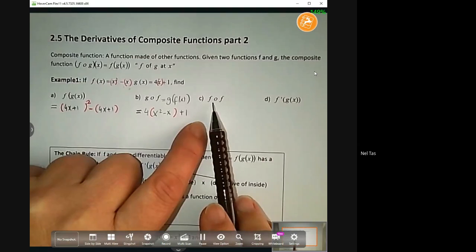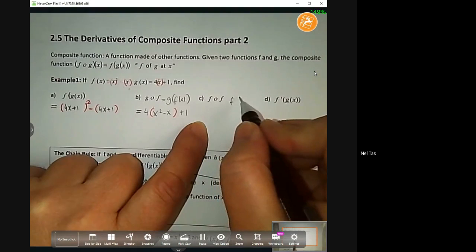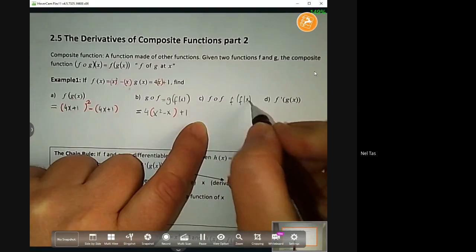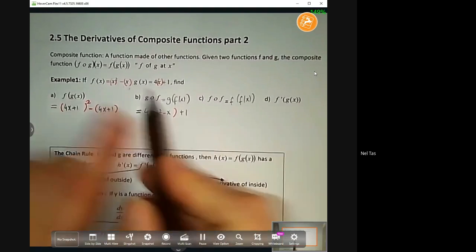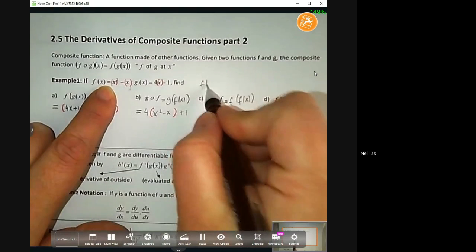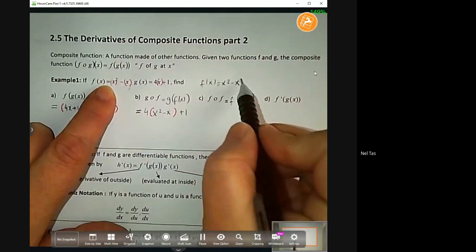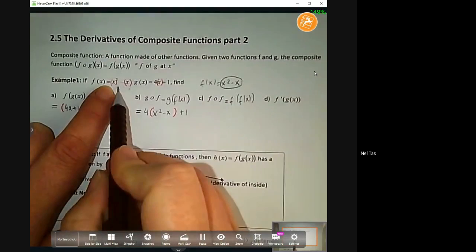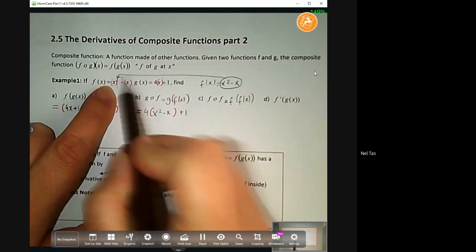So the next one is f of f, which is f of f of x. We take the f function, which is x squared minus x, and we are replacing every x value in the f function by that.